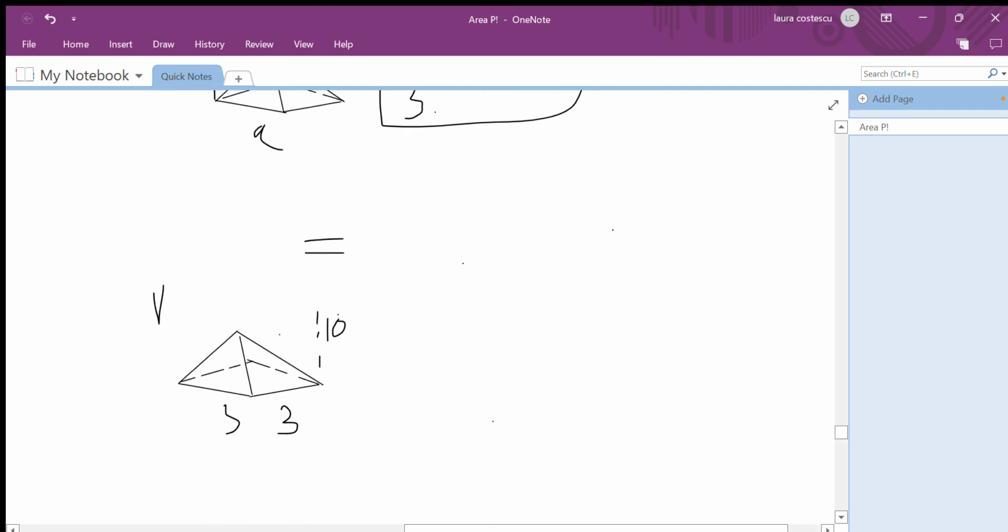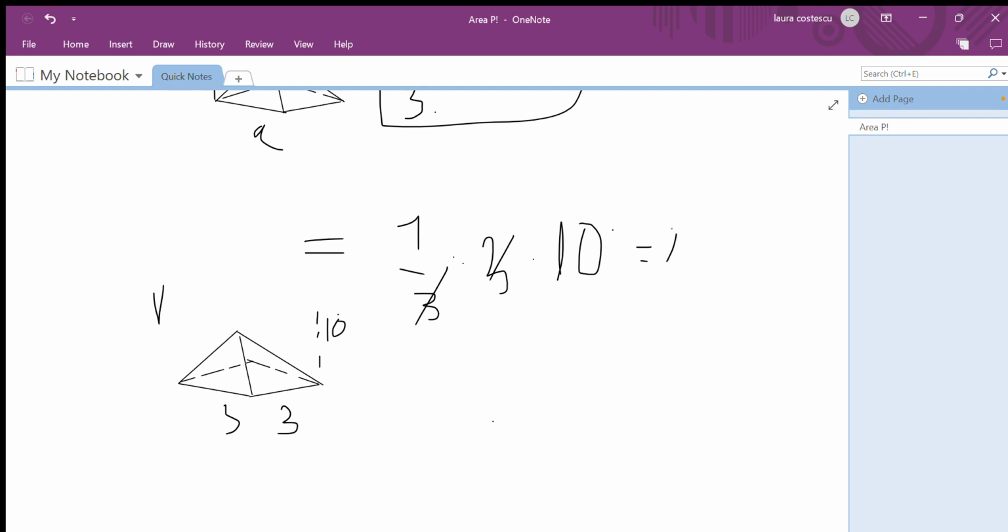If you check the formula out, 1 over 3 times the base, which is clearly 3, times 10. And these two cancel, and this leaves us with 1 times 10, which is just 10. Here we got our volume.